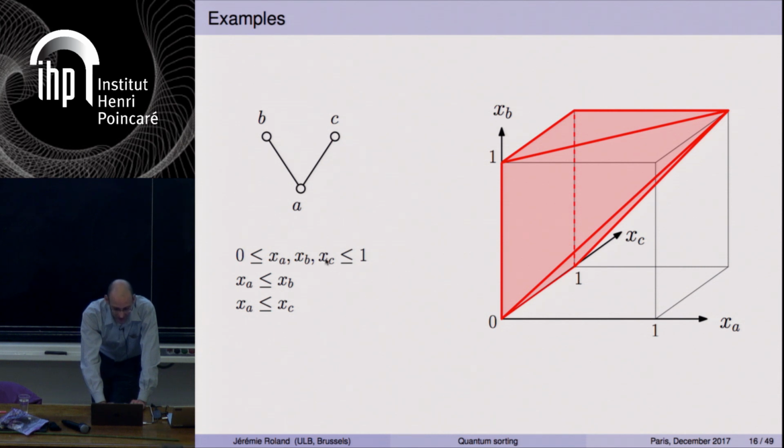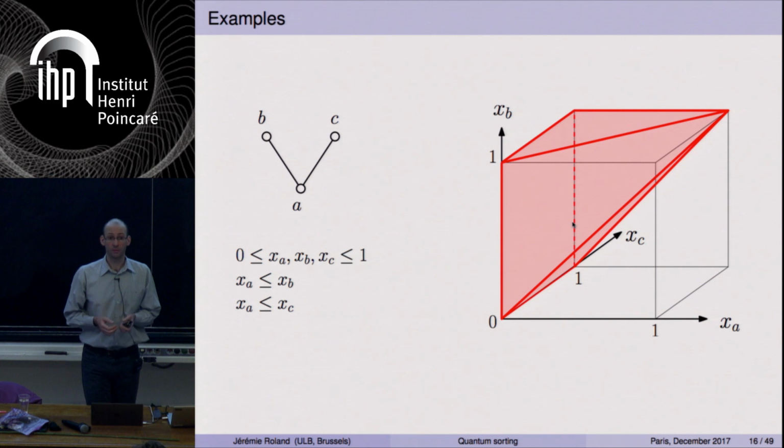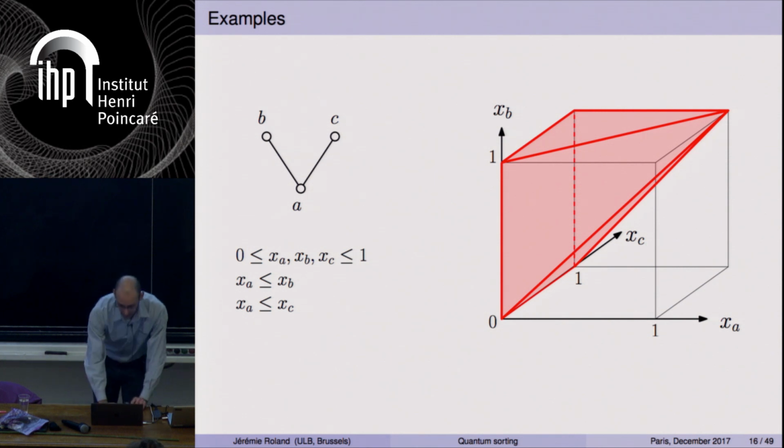Again, for this order polytope, xA, xB and xC should be between 0 and 1, so again it's a subset of the cube. And I have 2 relations: xA should be less than xB, and xA should be less than xC. And you get this pyramid here when you impose all of these things. So you always get a polytope. That's maybe the thing to remember. You can check that indeed the set of points that satisfy these relations exactly correspond to this pyramid.